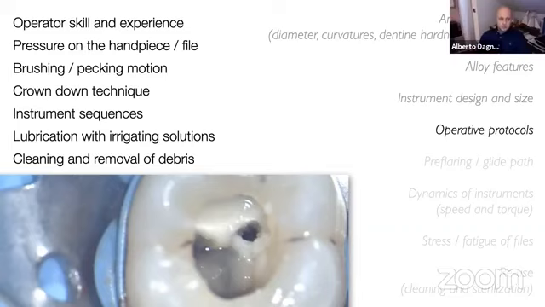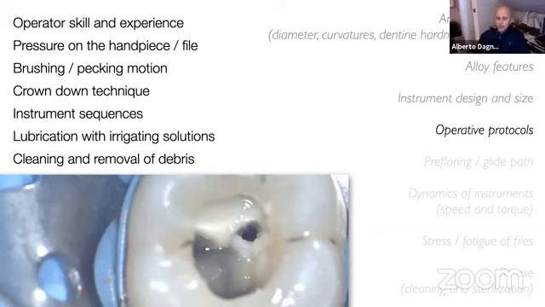Many authors advise a brushing and pecking motion of the file inside the root canal, and many articles have shown that the crown-down technique is more preventive than other techniques and reduces the risk of separation, because each file opens the canal for the subsequent file.